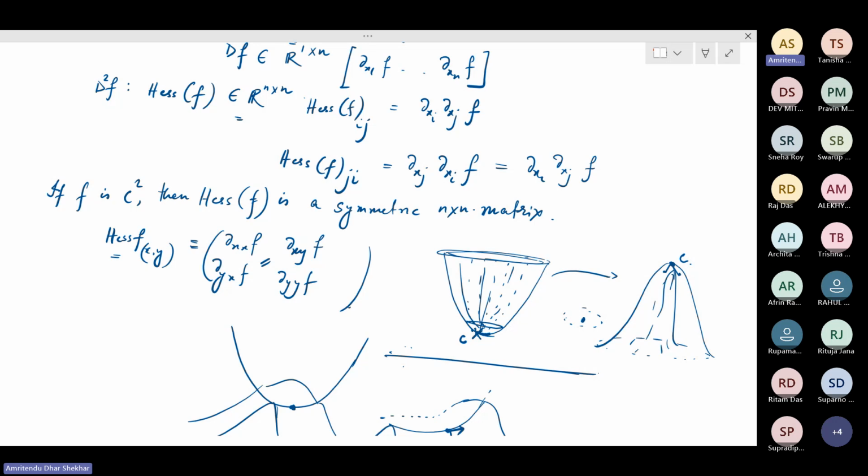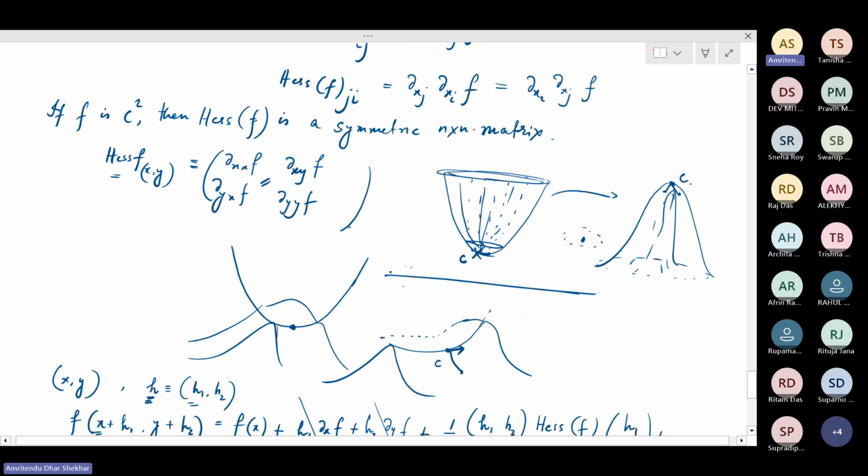Once you have computed this Hessian of f, you have to compute its eigenvalues. You can always compute the eigenvalues of the Hessian of f because it's a real symmetric matrix, so you will always get real eigenvalues, with no complex eigenvalues. Then you check the signs of the eigenvalues.